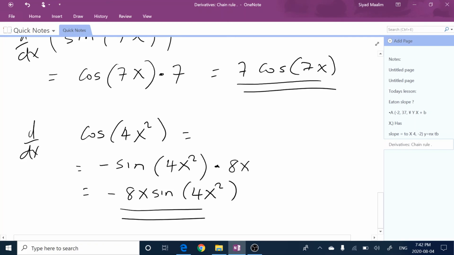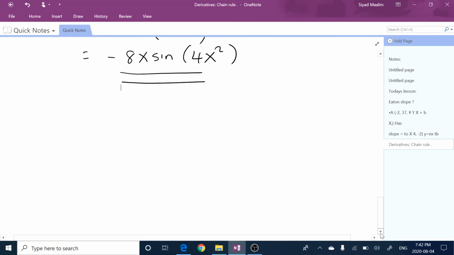Okay, let's do one final example where we have to use the chain rule. Say you want to find the derivative of tan of x squared. It is the same rule. Find the derivative of the outer function and then multiply with the derivative of the inner function.